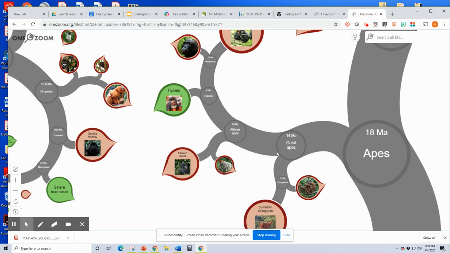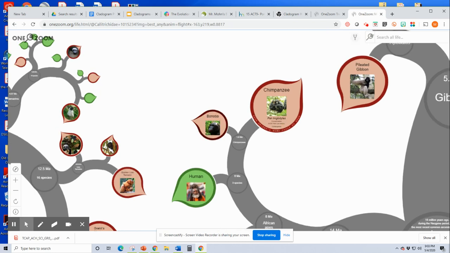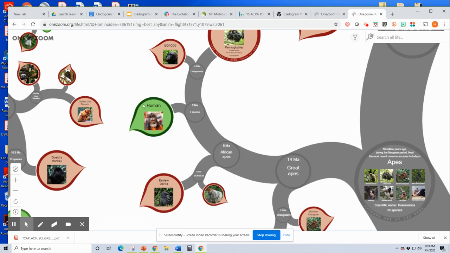Oh, hey guys. And we notice that as the tree goes along, on our branch, we have our eastern gorillas. Here's our humans. We have our little leaf right here. Our chimpanzees, and the bonobos. They're interesting little critters. There's our leaf.